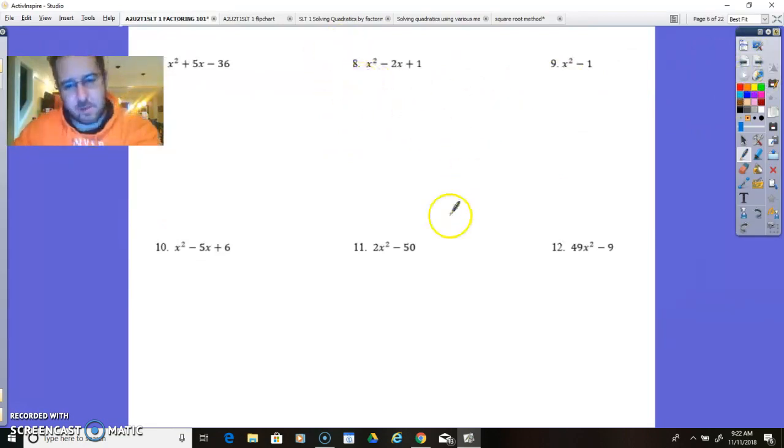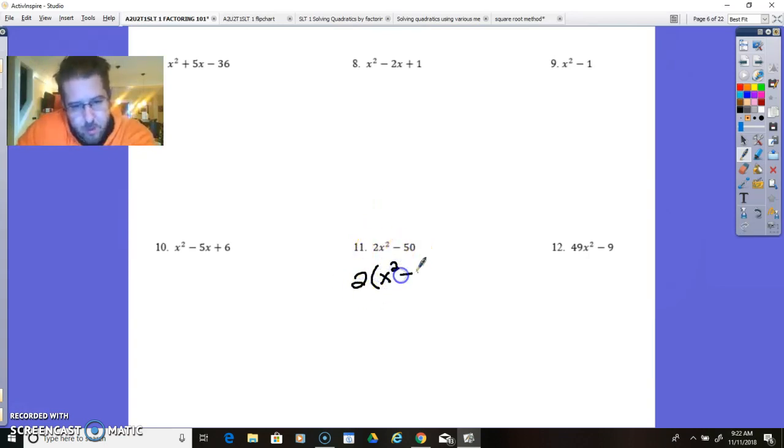Let's see. We have questions like this, where you're factoring, but you also notice that there's a GCF. So always look for the GCFs first. Both these terms can be divided by 2. And then you've got differences of squares. This is a perfect square, but one's positive and one's negative, which is the reason why the b term disappeared.